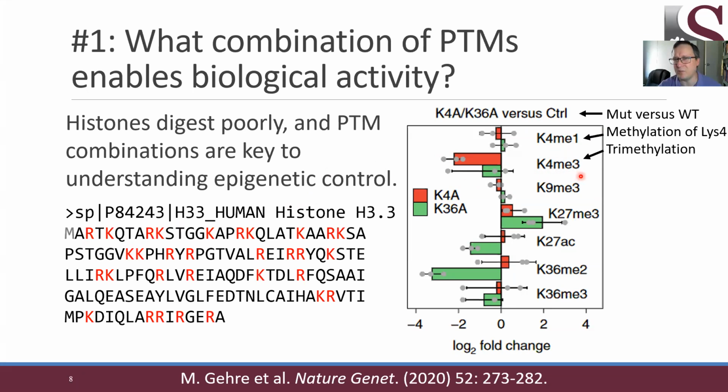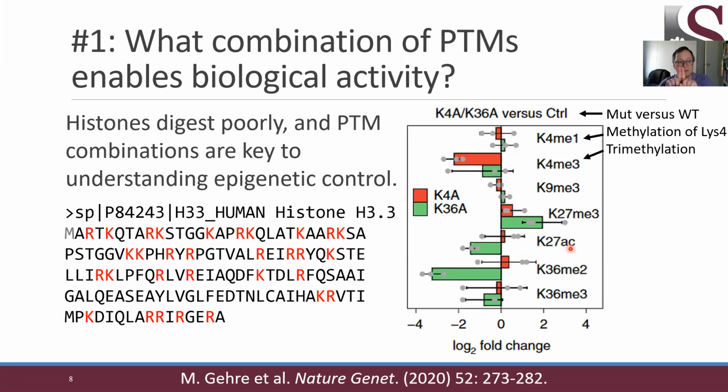Now, if you remember your organic chemistry, you probably think to yourself, a methylation adds 14 mass units to this site. A trimethylation is going to add 3 times as much, which is about 42 mass units. But I want to note that we're also paying close attention to the presence of acetylation, and acetylation also has a mass of 42.